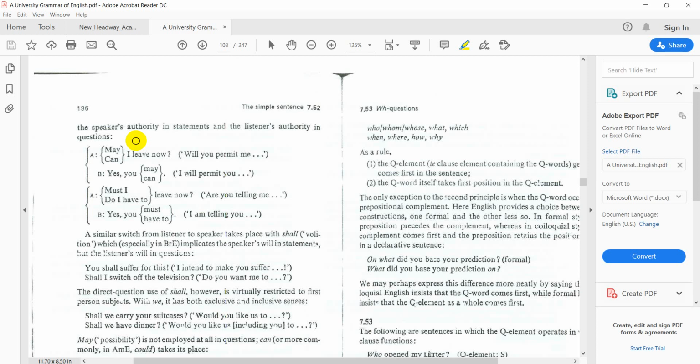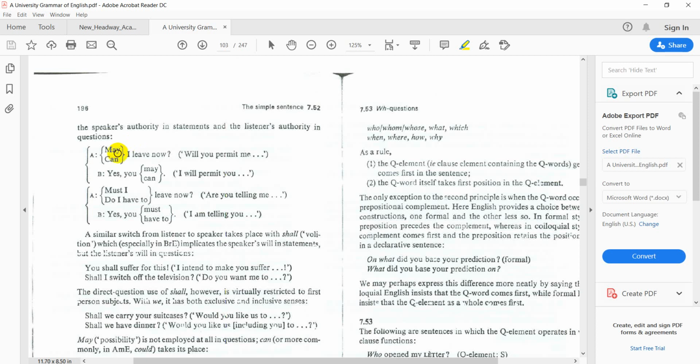That's why it says here, it requires the speaker's authority in a statement, because the teacher will reply. So the reply is in the form of a statement, while the listener is going to ask for permission. So it is the listener's authority in asking the question.